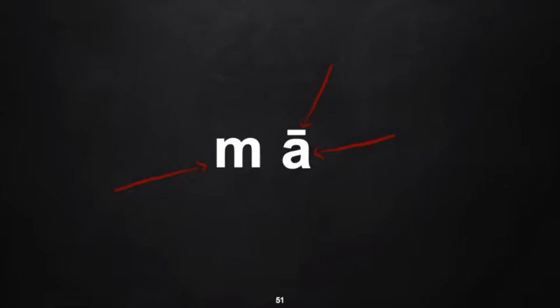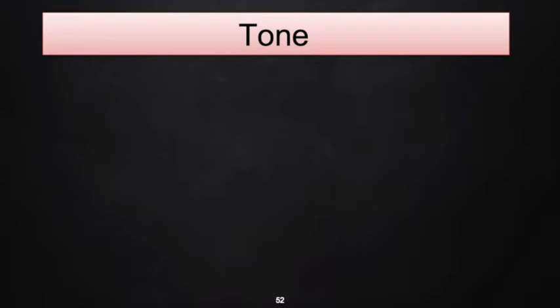Tones are the important part of speaking Chinese, but for beginners, it might be a little bit difficult to see the difference. And the only way to get it right is to listen a lot and practice as much as you can. First, I will give you an example to show you how tones are important in Chinese language. Look at this pinyin of these two words.